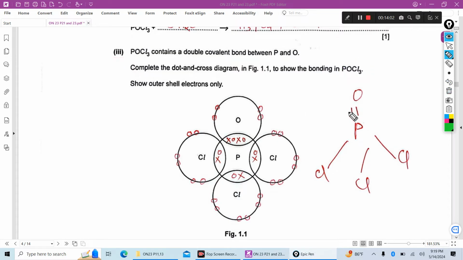So you see here the double bond, 4 electrons, 2 electrons given by phosphorus, 2 electrons by oxygen, and the other single bonds, 2 electrons, 1 from chlorine, 1 from phosphorus, and chlorine is group 7, so if it gives 1 electron, the remaining 6 electrons are non-bonding, all the same. Now oxygen is a group 6 element, so if it gives 2 here, the remaining 4 electrons are in its outer shell. This is the dot and cross diagram for phosphorus trichloride oxide.